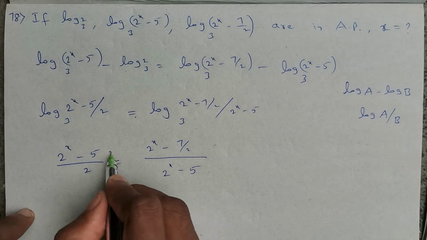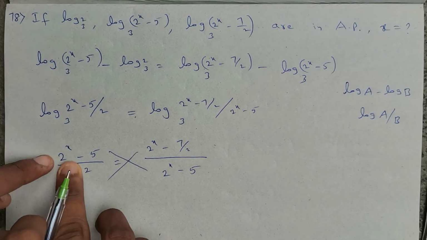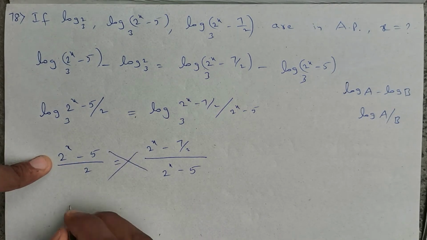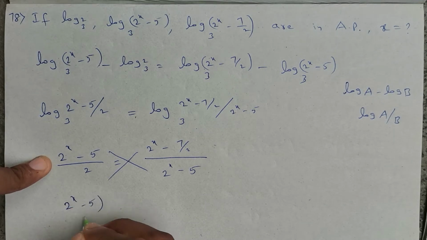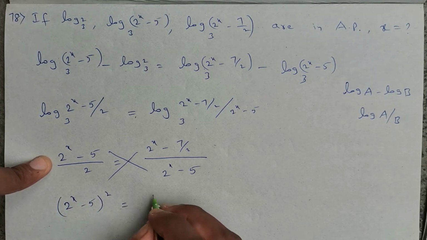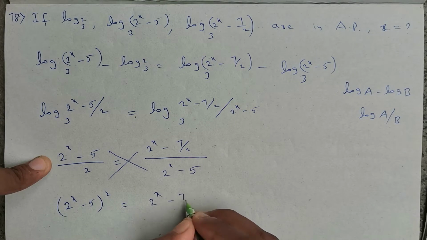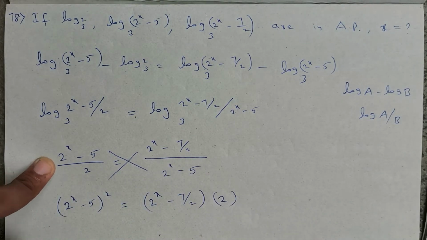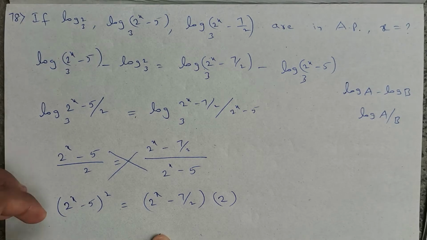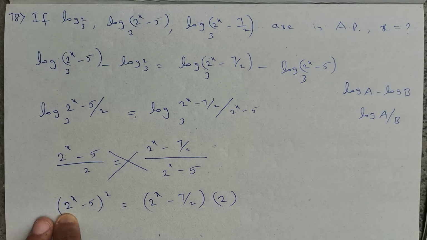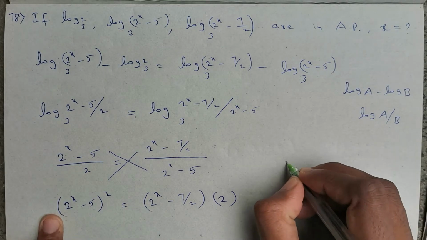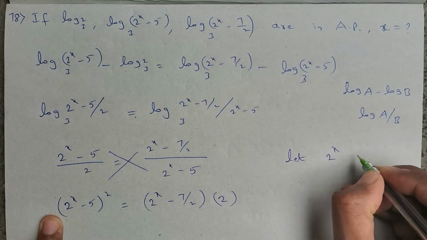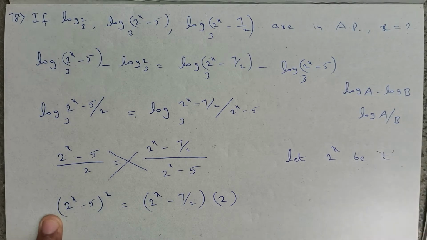I will do cross multiplication for this. So 2 power x minus 5 into 2 power x minus 5, 2 power x minus 5 whole square, is equal to 2 power x minus 7 by 2 into 2. To make this equation simple, in the place of 2 power x, I will take some constant. So let 2 power x be some constant t.